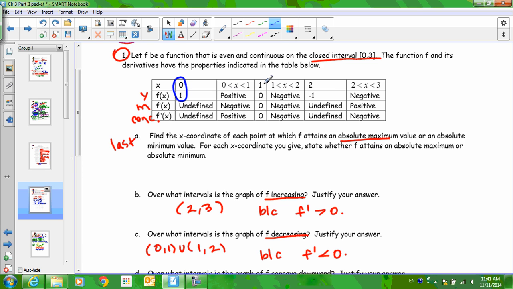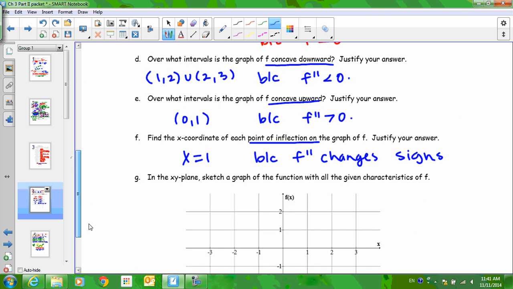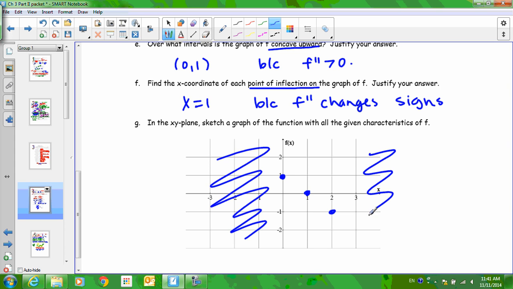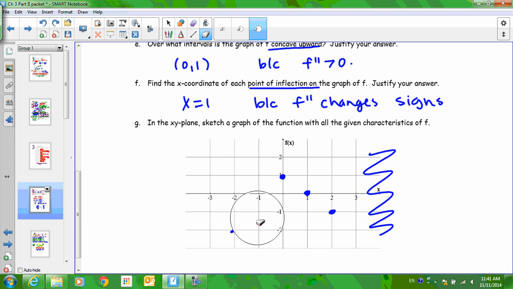Okay, I'm going to start there. We can go ahead and actually plot all these points. So 0, 1, 1, 0, and 2, negative 1. And we're in a closed interval from 0 to 3. So I'm actually not going to graph anything over here or anything over there. Okay, the graph is just going to be in here. I'm going to erase that because you really don't want that in your graph, but just to make a point, we're not graphing outside those bounds.